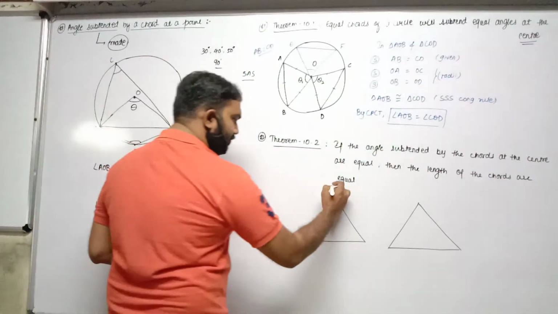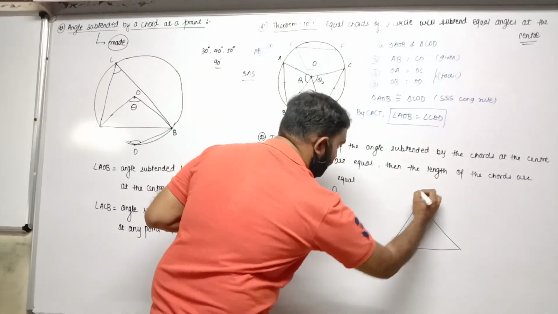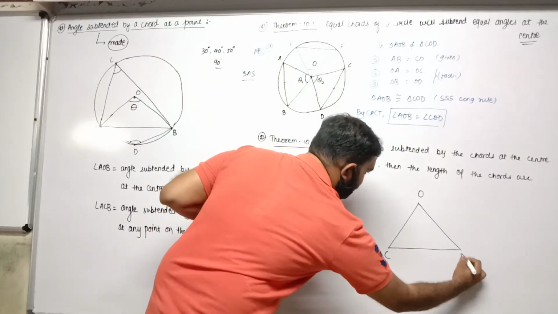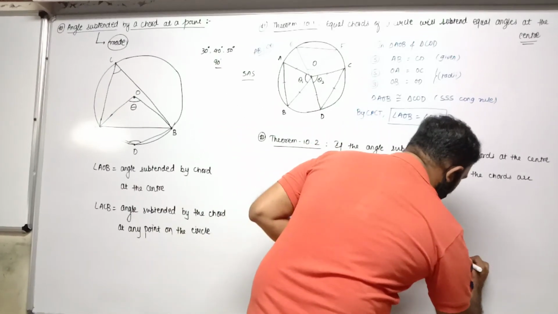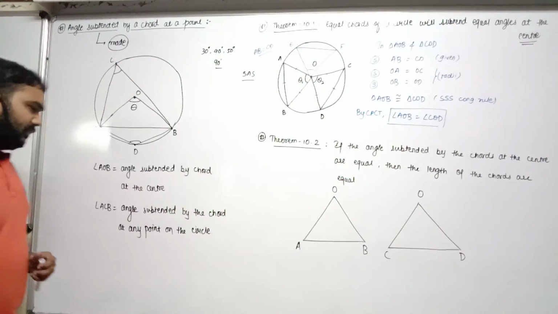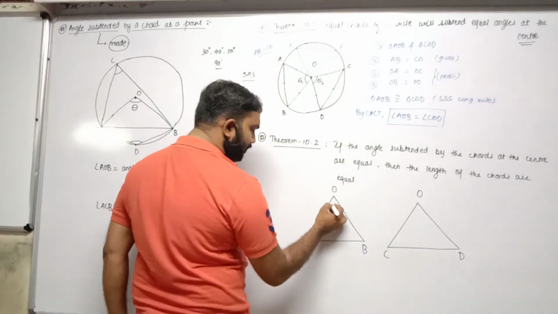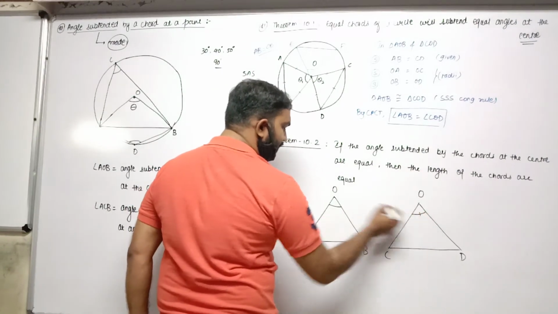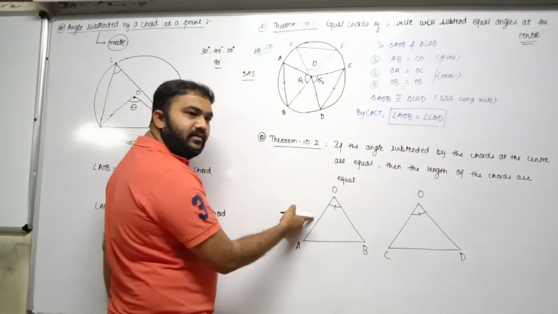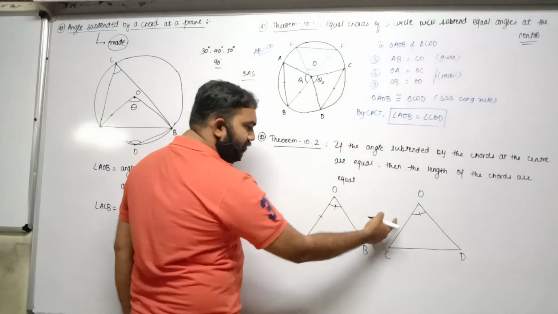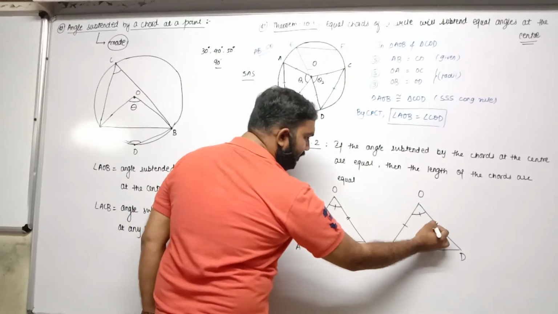This is O, A, B. This is O, C, D. What is given? Angles AOB and COD are equal. What is OA? Radius. OC? Radius. OB? Radius. OD? Radius.